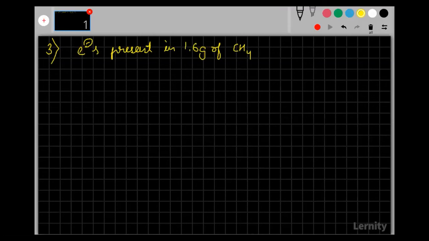Calculate the number of electrons present in 1.6 grams of methane. Yeah, you have to calculate the number of electrons.